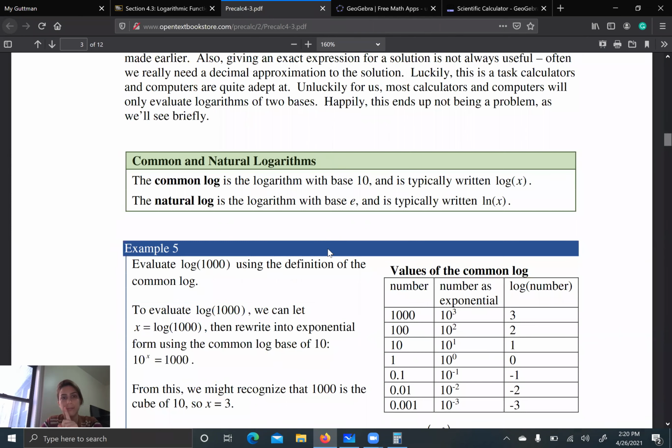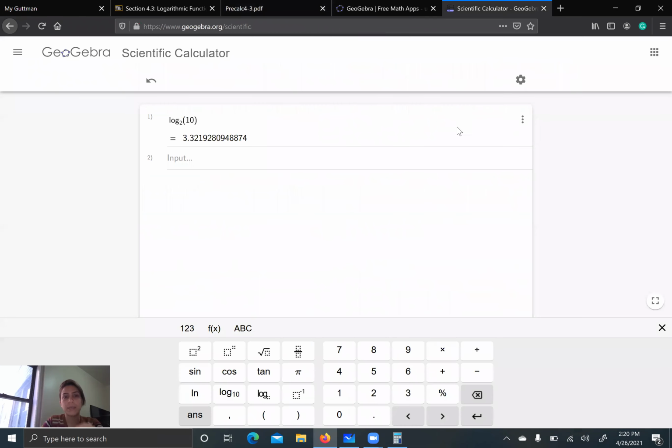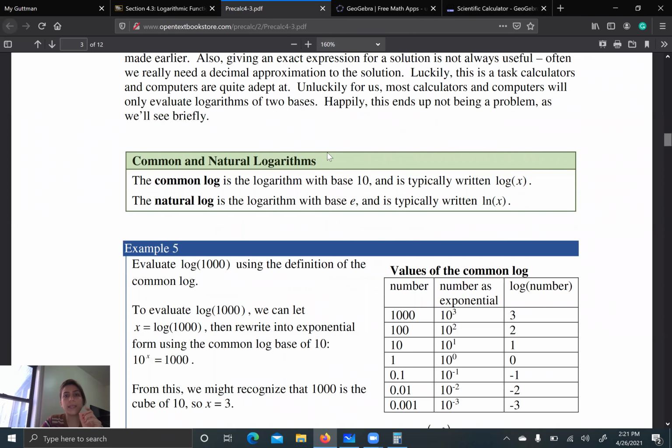And one more thing. When the base of the logarithm is 10, we call it common log. There are two bases that, because we use them a lot, we give them a name, and you can even see them on your calculator. If the base is 10, we call it common log, and we often don't even write the base.